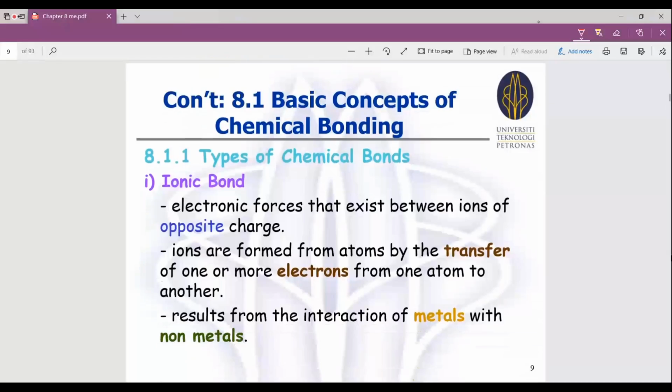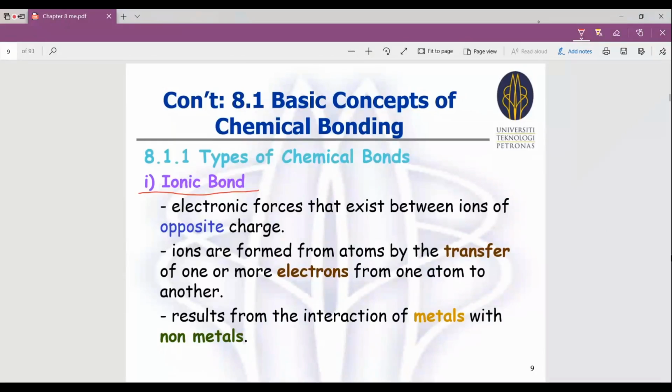Okay, types of bonding. The first type is the ionic bond. An ionic bond must be between a metal and a non-metal. One donates and the other accepts the electron.